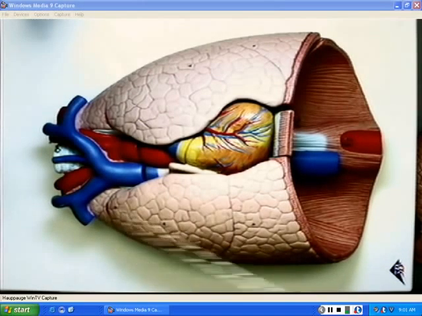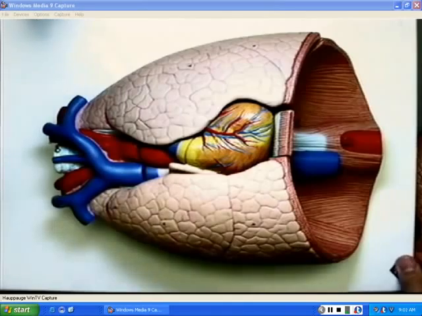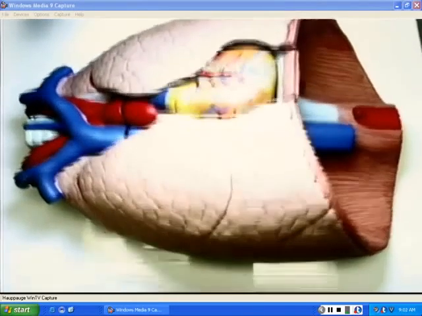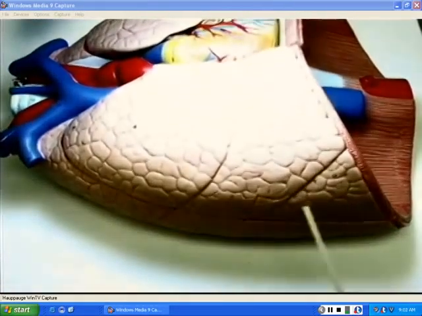On the right lung, we have multiple lobes in which you can note the boundaries and fissures for the lung lobes. We have our superior lobe, our middle lobe, and our inferior lobe. Inferior lobe, if I tilt it slightly so you can see it just a little bit better, inferior lobe here.